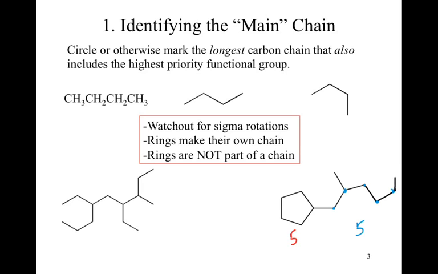Let's be a little bit less ambiguous. Let's add 1 more carbon out there. I would now have 6 carbons outside the ring. The 6 carbon structure becomes the main chain. You'll notice that when highlighting that main chain, I do not highlight the atom of the ring that's connected to the main chain. That is not part of my chain, it's connected to it.